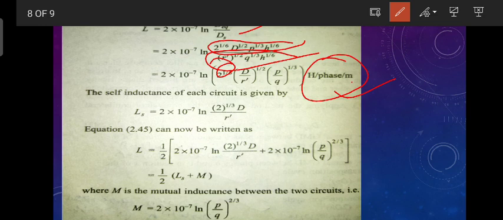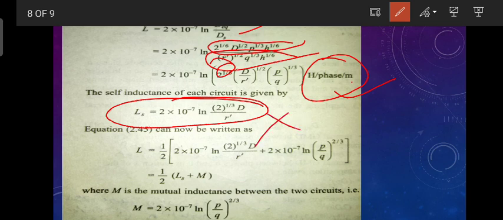And the self inductance of each conductor is equal to 2 into 10 to the power minus 7 ln 2 to the power 1 by 3 into D over r dash. This is our self inductance L. Okay, this is our self inductance, and the mutual inductance is this one, 2 into 10 to the power minus 7 ln P divided by Q to the power 2 by 3.